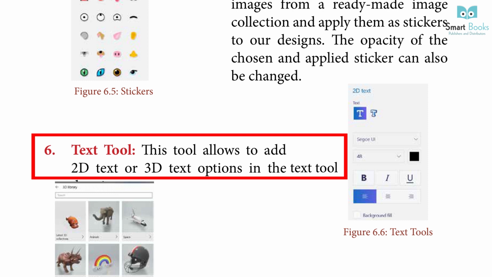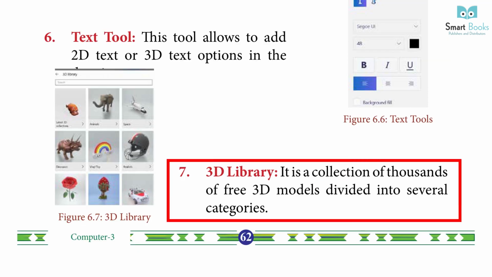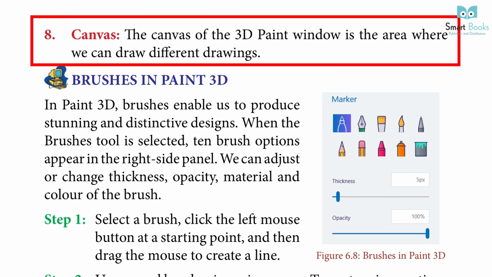This tool allows us to add 2D text or 3D text. 7. 3D library. It is a collection of thousands of free 3D models divided into several categories. 8. Canvas. The canvas of the Paint 3D window is the area where we can draw different drawings.